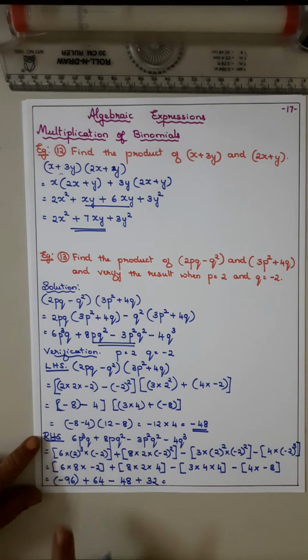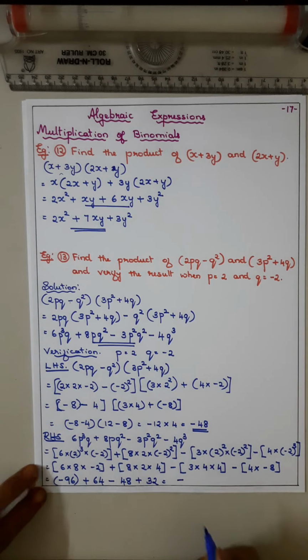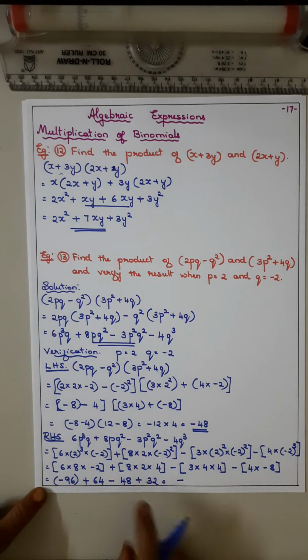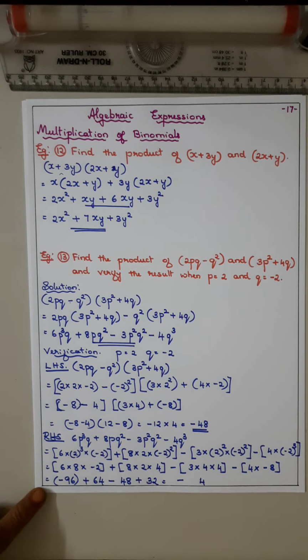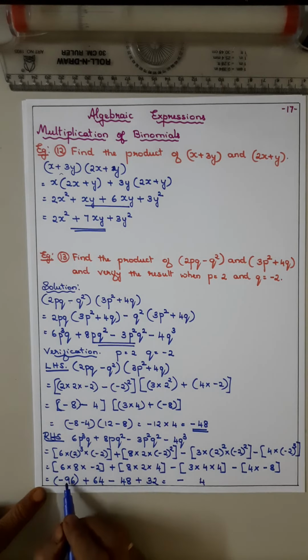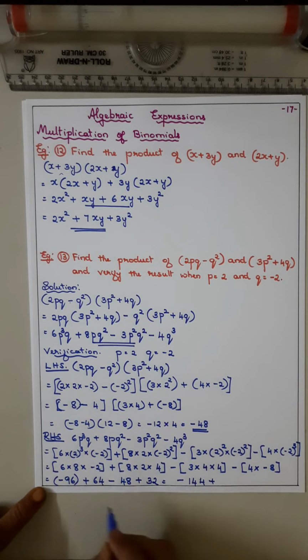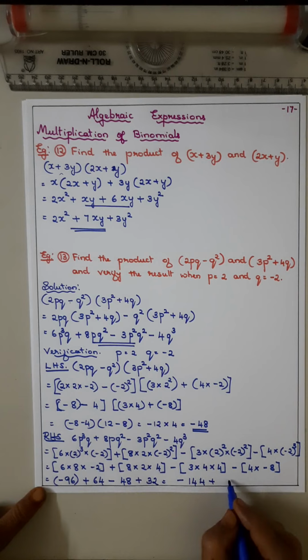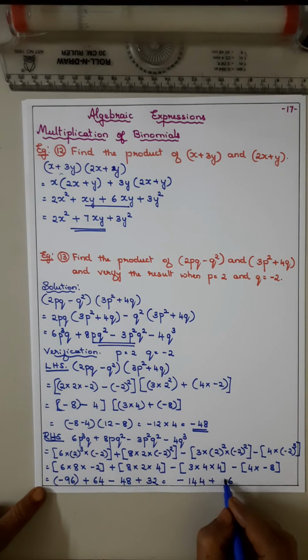Okay, now the negative ones, minus 6 plus 8, it is 14, 1 remains. Now 1 in hand, so it is 9, 10 plus 4, 14 plus 4 plus 2, 6, 6 plus 3, 9.